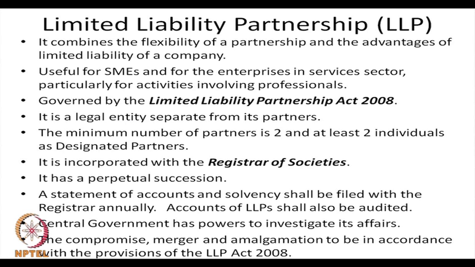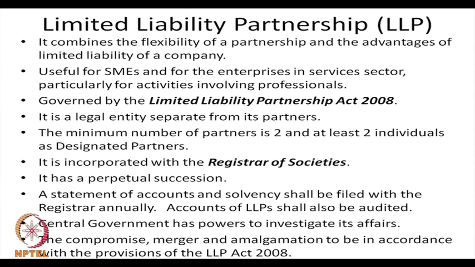And the minimum number of partners is 2, as is the case for a partnership type of organization, and at least 2 individuals are designated as designated partners. Like partnership, it's incorporated. And unlike partnership, it is incorporated with the Registrar.